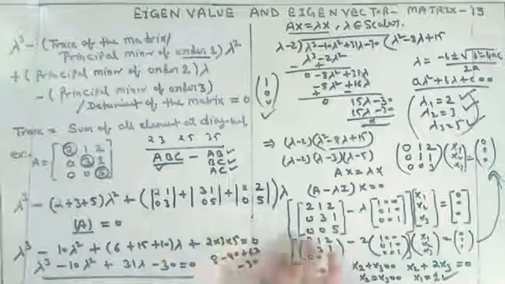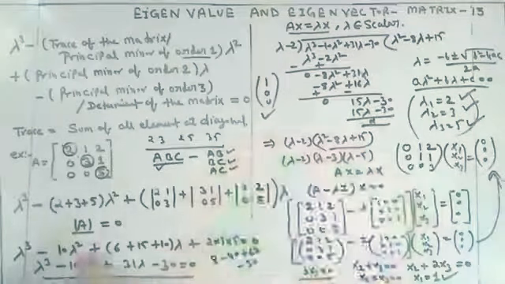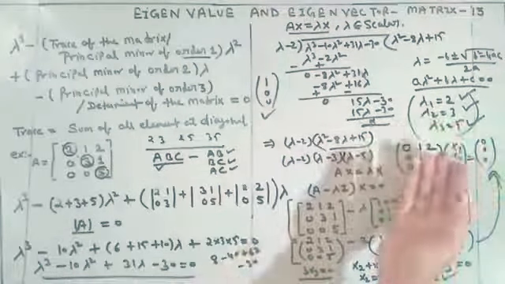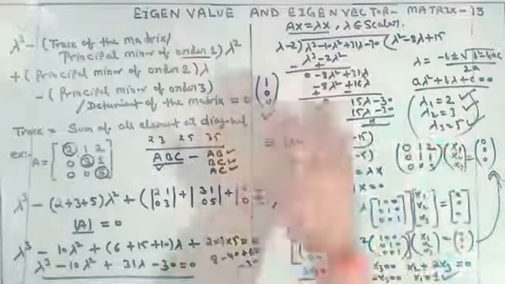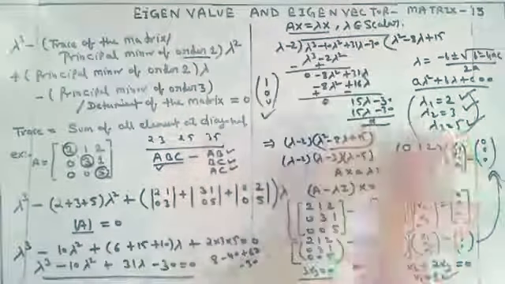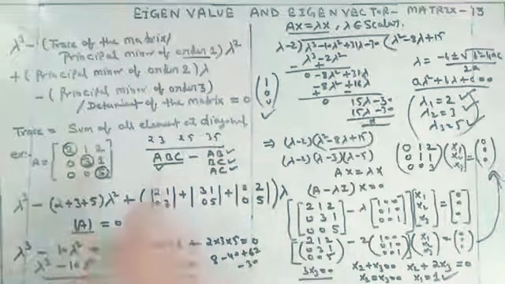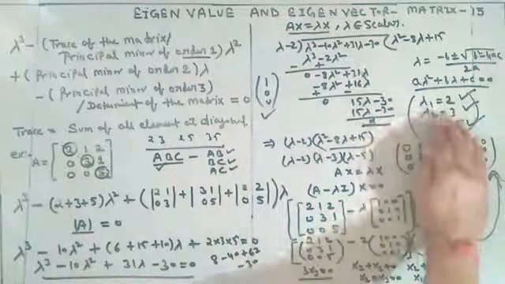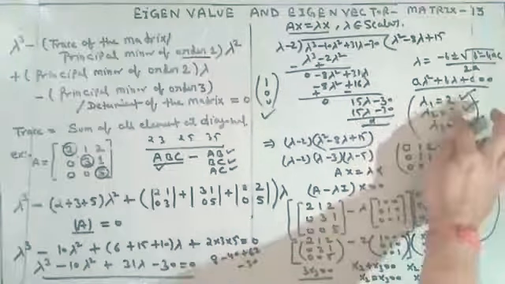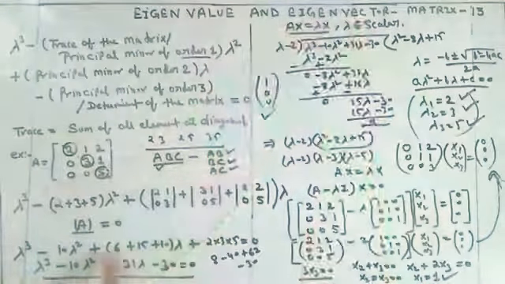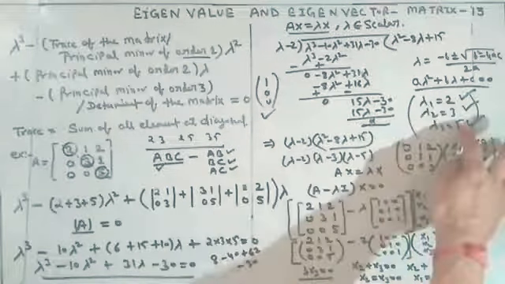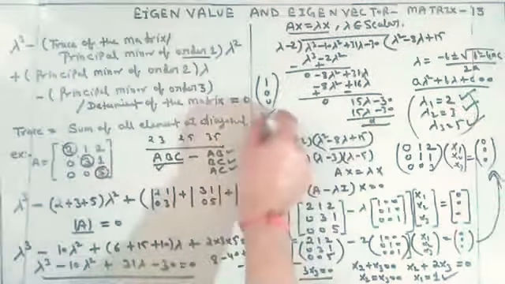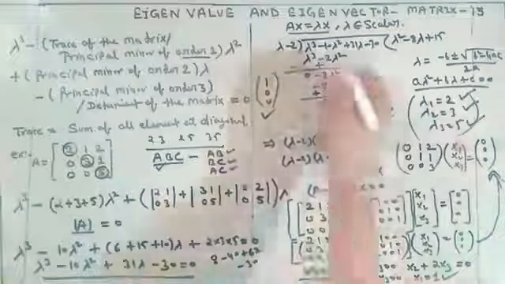You must note that whenever you have two eigenvalues, you have a 2 by 2 matrix, so corresponding to two eigenvalues you will get two eigenvectors. This time you have three eigenvalues, so corresponding to three eigenvalues you will get three eigenvectors.